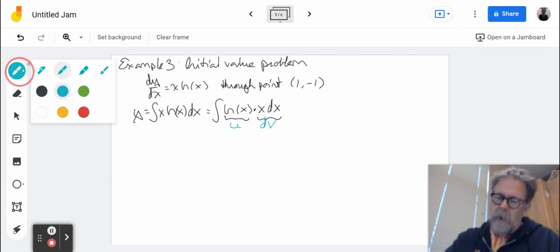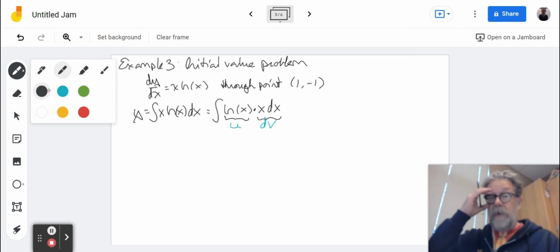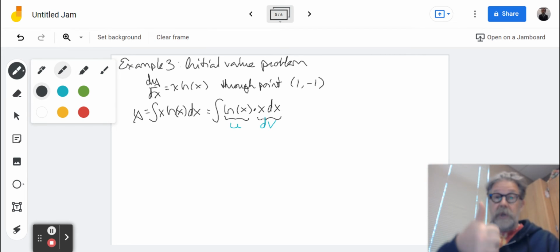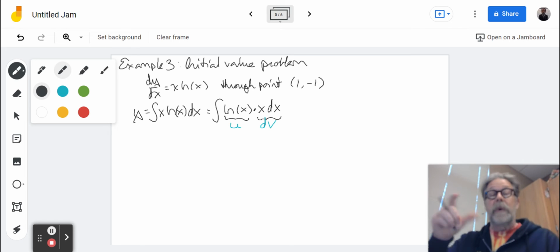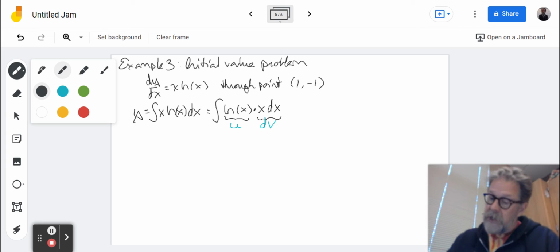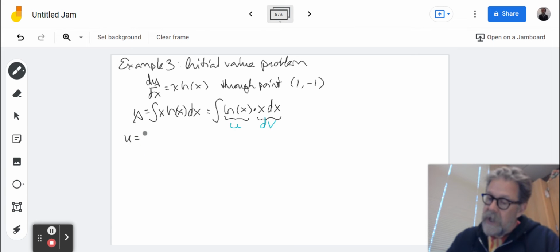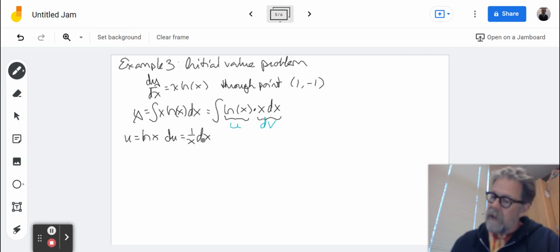So this is a situation where the general rule that we said before, which was U should get simpler and dv should get no more complicated, we're going to turn around a little bit, because dv is going to get more complicated. So U is equal to natural log of x, which means that du is equal to 1 over x dx. By the way, I didn't get around to starting my computer, so sorry.